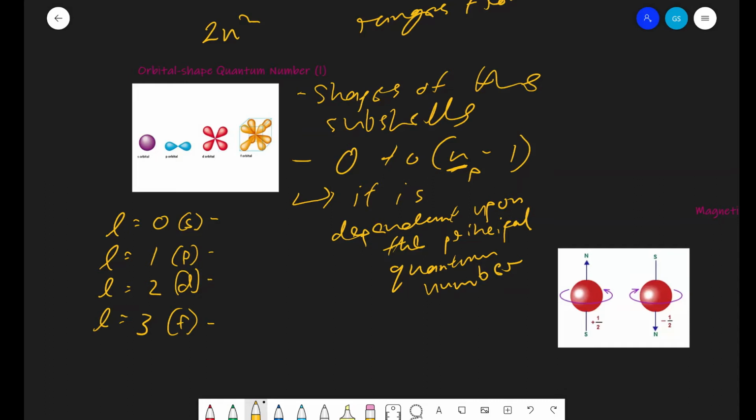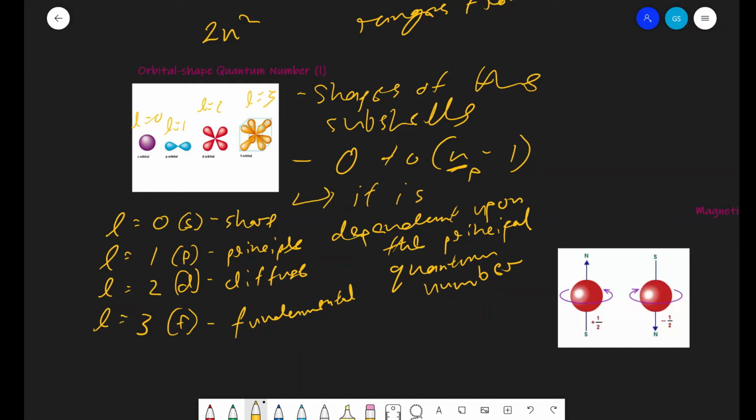So these are given specific names: sharp, principal, diffuse, and fundamental. And if you're wondering which one's which, s is when L equals 0, p is when L equals 1, d is when L equals 2, and f is when L equals 3.